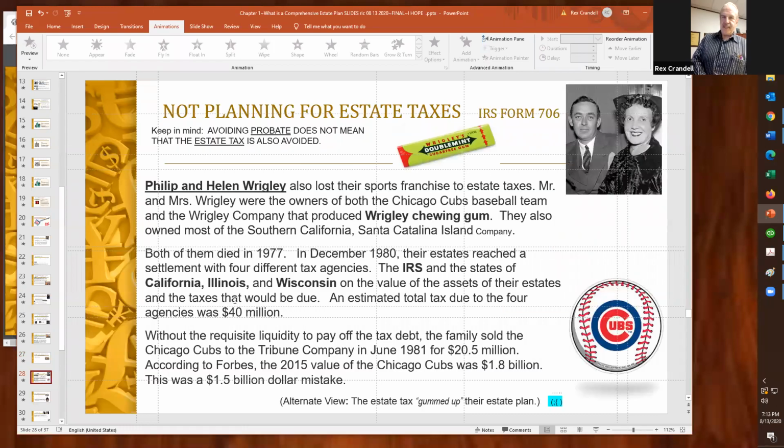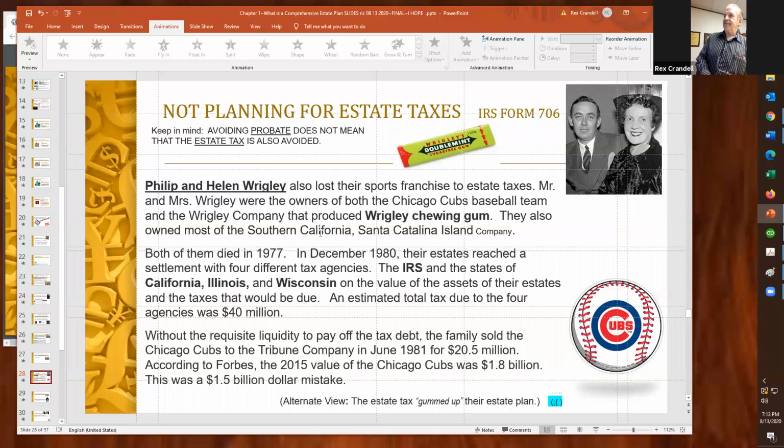Not planning for estate taxes would be an estate planning failure. Keep in mind, I want to point out that avoiding probate has nothing to do with estate tax. If you avoid probate, it does not mean you escape estate tax if your estate is that large.